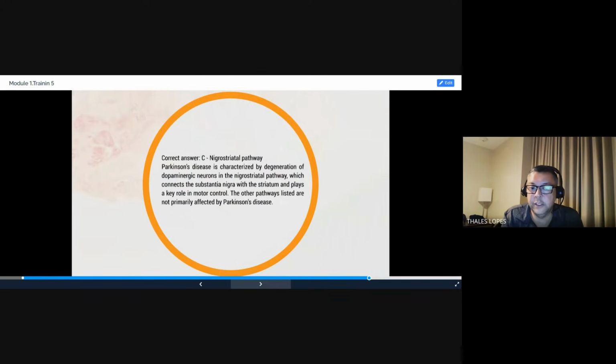So in the nigrostriatal pathway, you have a degeneration of dopaminergic neurons in the substantia nigra, which plays a key role in motor control, right?